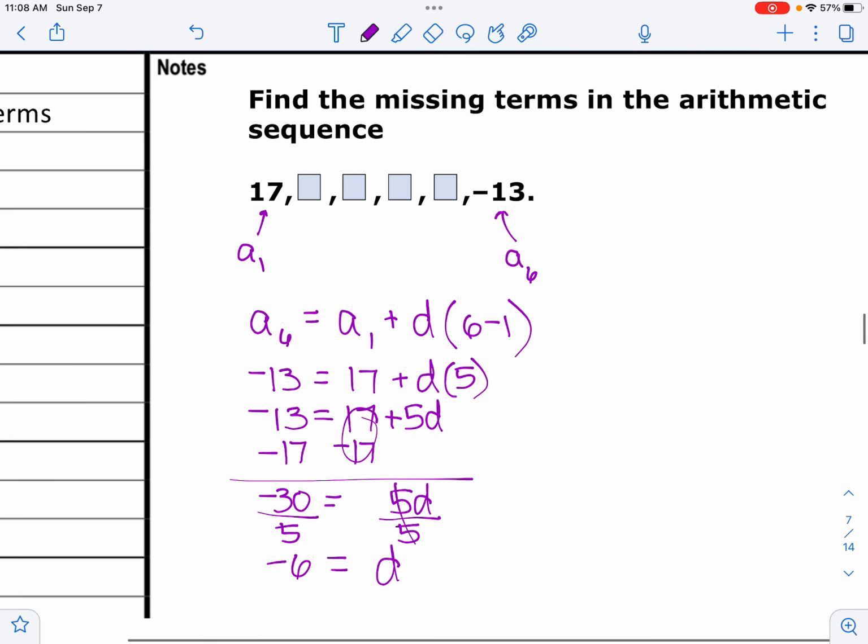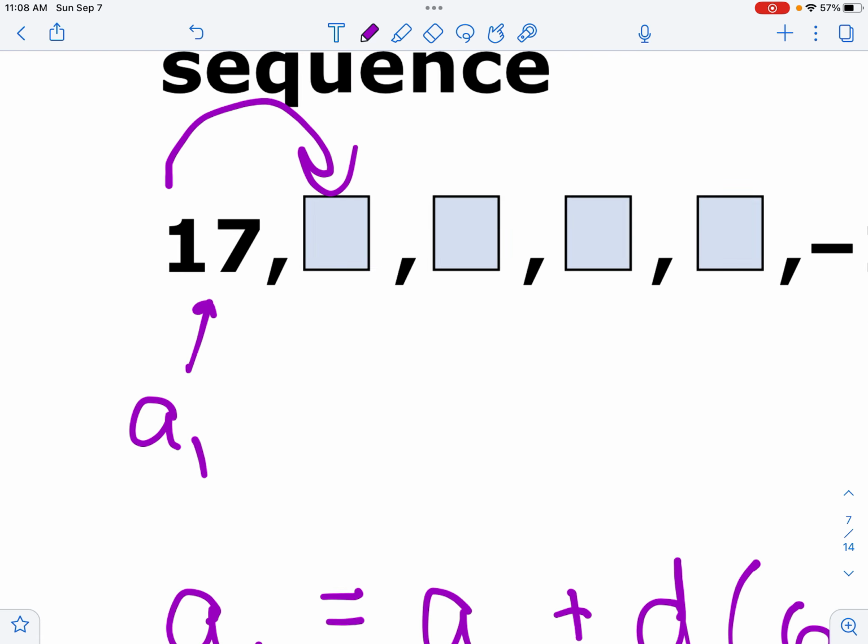So now I know my common difference is negative 6, meaning each time I go to the next term, I'm going to subtract 6. So let's say I go 17 minus 6, that's 11. 11 minus 6, 5. Then subtract 6 again, I get negative 1.